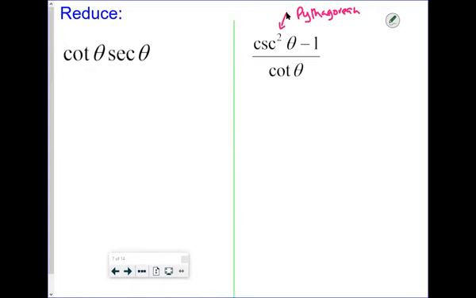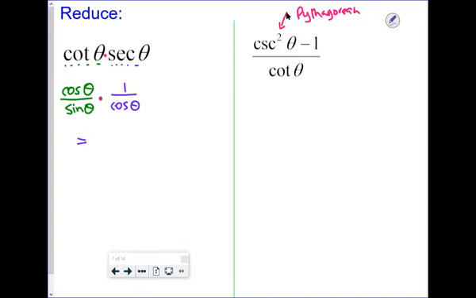So I know that the cotangent of theta is equal to cos theta divided by sine theta. And I've got multiplication here. And I know that the secant of theta is the reciprocal of cosine theta.